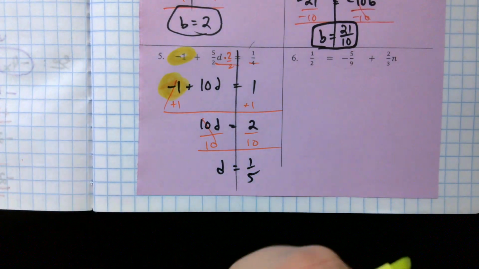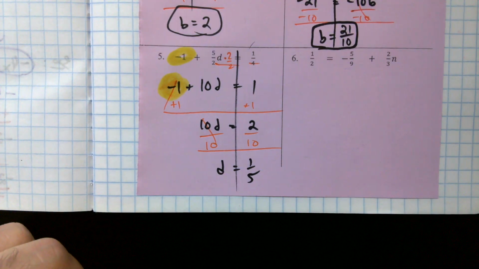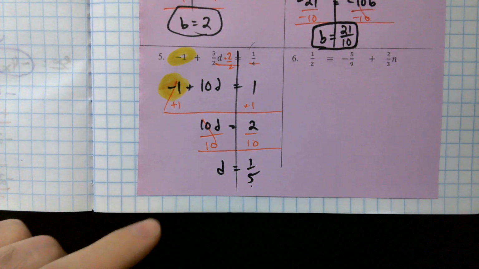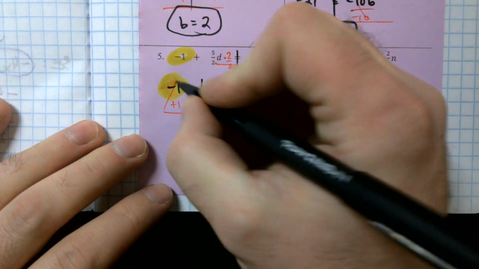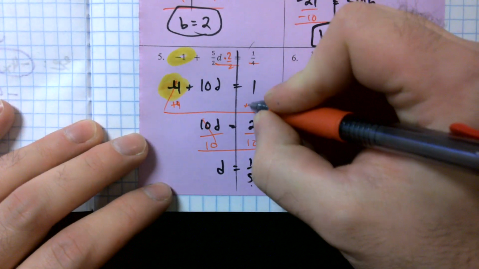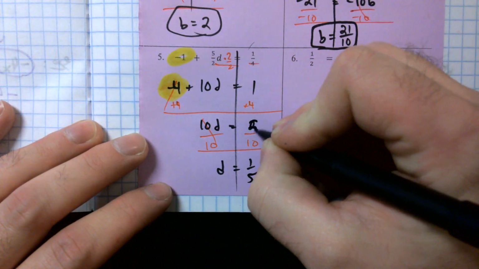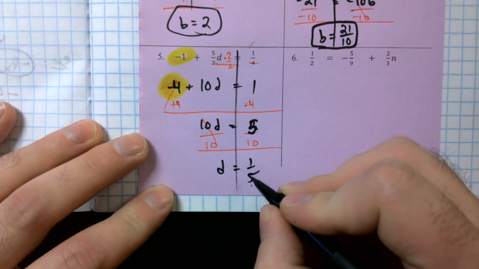I didn't turn that negative 1 into a fraction, which means when I went multiplying, I forgot to multiply it, right? I saw some people with 1 over 5 as an answer. This negative 1 should be a negative 4. Then I should be adding a 4, and this should be a 5. So when I divide 5 over 10, I get 1/2.